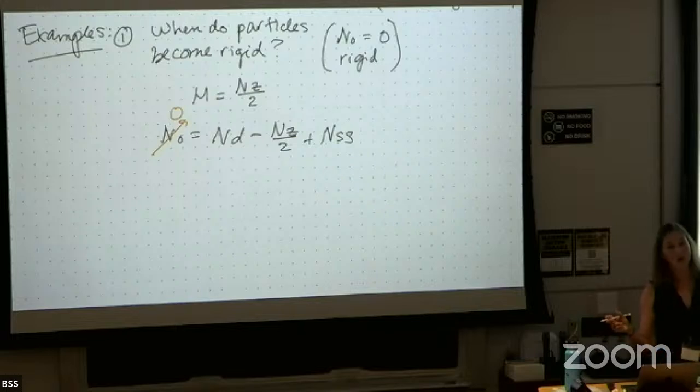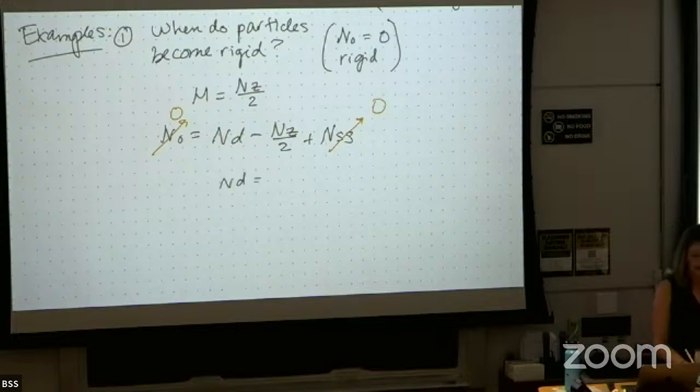And either you can believe me or you can look at it numerically or whatever, but in general, there are no states of self-stress in jammed particles right at the transition point. So this object is also 0 there. Okay, and if those two things are the case, then I rederive the isostatic condition. So when ND equals NZC over 2, we rederive that ZC equals 2 times D.